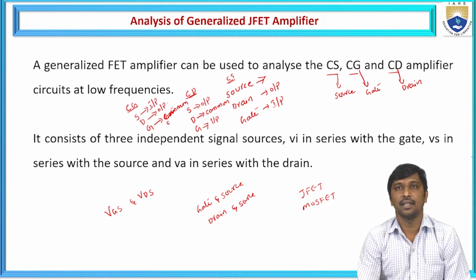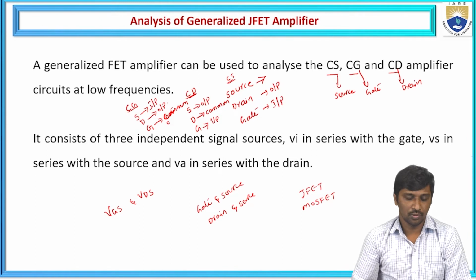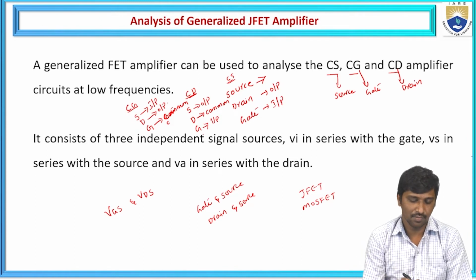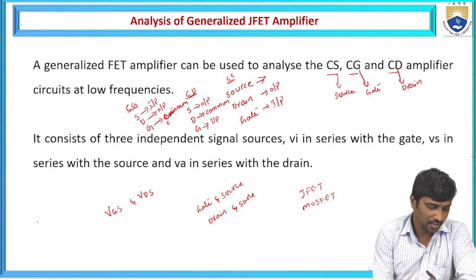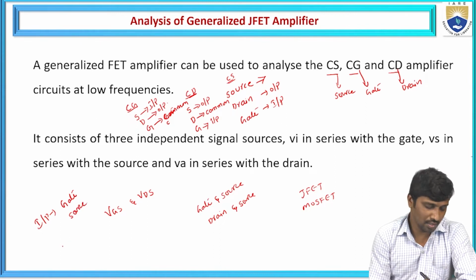Hence, we require all three. From this, we can observe how to define the generalized model from these three configurations. The input is passing through the gate as well as the source, and the output is measured across the drain and source.